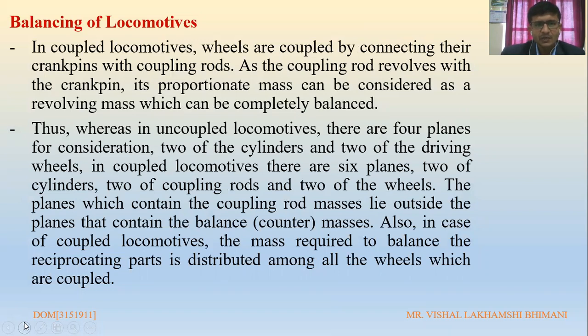Thus, whereas in uncoupled locomotives there are 4 planes for consideration, 2 of the cylinders and 2 of the driving wheels, in coupled locomotives there are 6 planes: 2 of cylinders, 2 of coupling rods and 2 of the wheels. The planes which contain the coupling rod masses lie outside the planes that contain the balance masses. Okay, that also we have discussed in previous sessions.